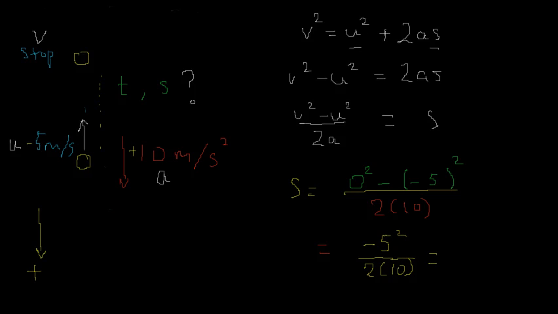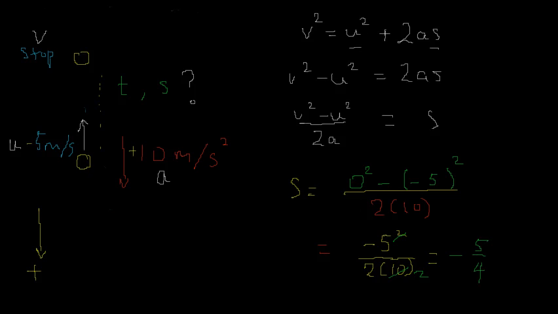How can I make this calculation a little bit easier? I can use the calculator, but what I'm going to do is this. Since I have 5 as a factor both on top and at the bottom, I'm going to divide top and bottom by 5. So 5 squared becomes 5, and 10 divided by 5 is 2. Therefore I have minus 5 over 2 times 2, which is 4. Minus 5 over 4.